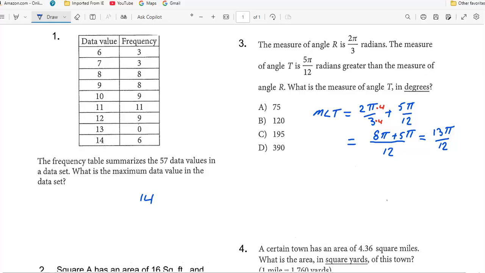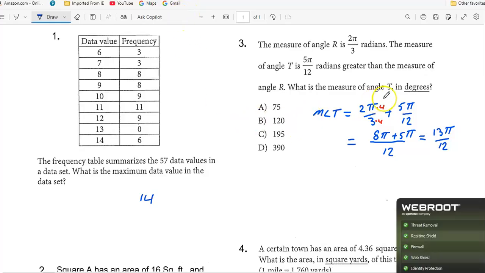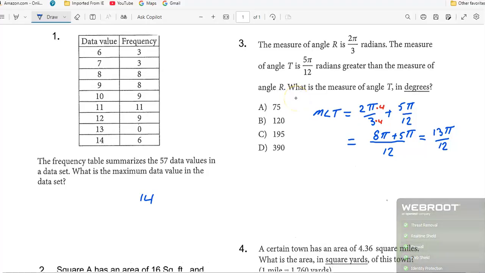But we're looking for the measure of angle T in degrees. So we have to convert that. 13 pi over 12 multiplied, to convert from radians to degrees, you multiply by 180 over pi.